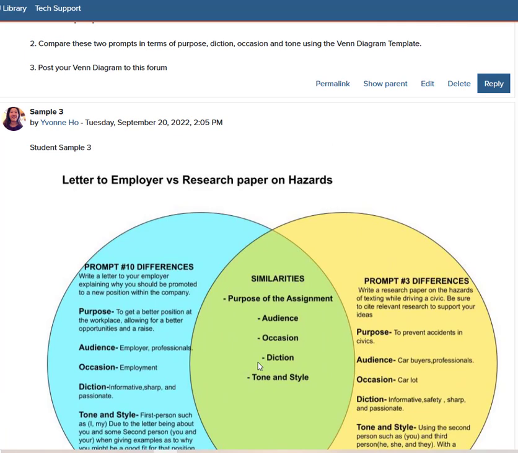situations, and one situation could be formal English versus the other situation could be informal English. The purpose of this whole assignment is to see whether the student understands the difference between using formal English for, say, the workplace or your research paper, and informal English, for example, at home or at church.